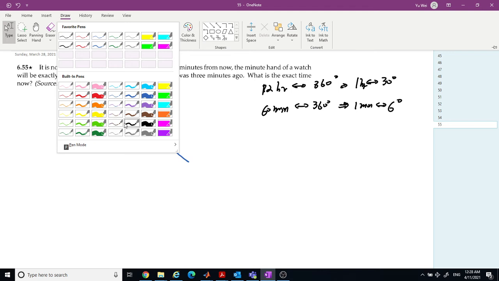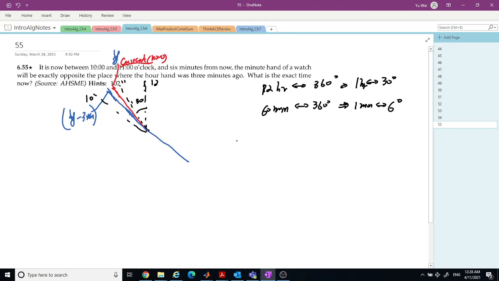Now let me switch to black. 3 minutes corresponds to how many degrees for the hour hand? It's 3 minutes over 60 minutes times 30 degrees, so it's 3/2 degrees. Let's assume here is X degrees.